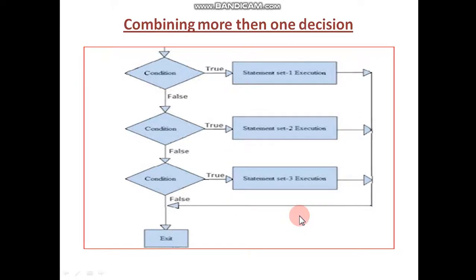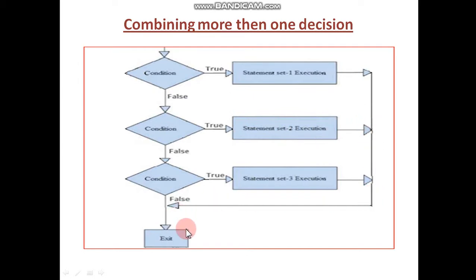Now, combining more than one decision. If you want to combine more than one decision, then this type of symbol is used. First, check the condition. If the condition is true, then statement set 1 is executed and then the flow goes here and then exits. If the first condition is false, then go to check the second condition. If the second condition is true, then statement set 2 is executed and then go to the exit.